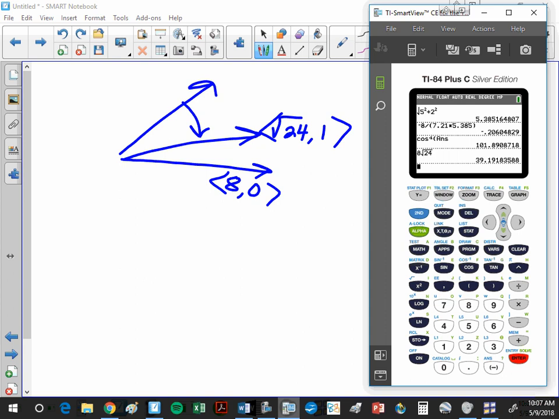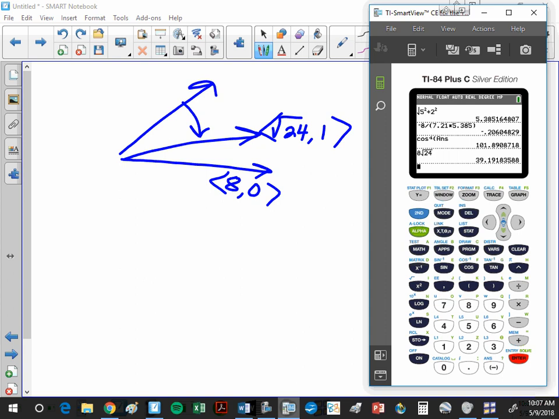So if you want to find out how much work is done, you just need to know what direction the force is in, what's the vector of the force, and what is the vector of the distance, and then you take the dot product of those.